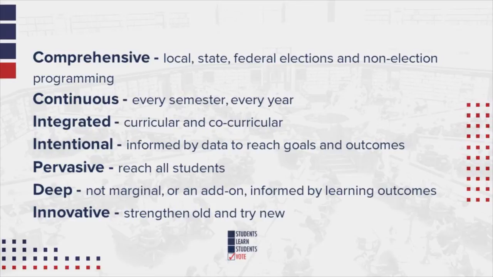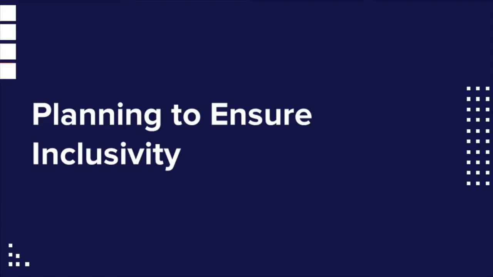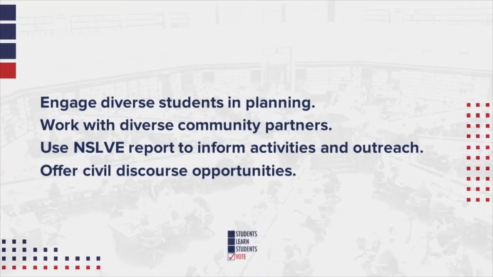Additionally, on top of all of these principles, we also think it's very important and want to call out that you should be planning to ensure inclusivity. So some of the ways that you can do this are, again, by ensuring that you have a diverse group of students involved in the planning, so in your coalition. Also, you want to be thinking about who are some of the diverse community partners that you can pull into this work as well.